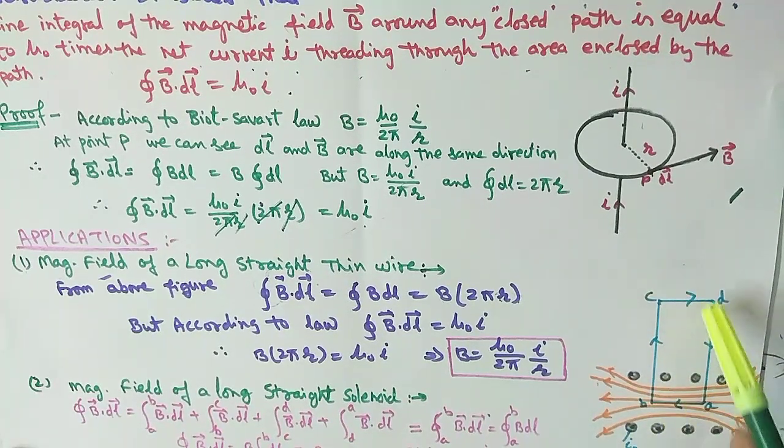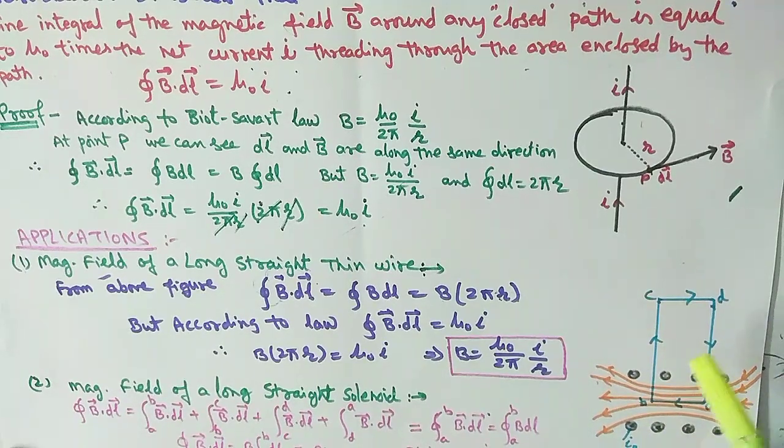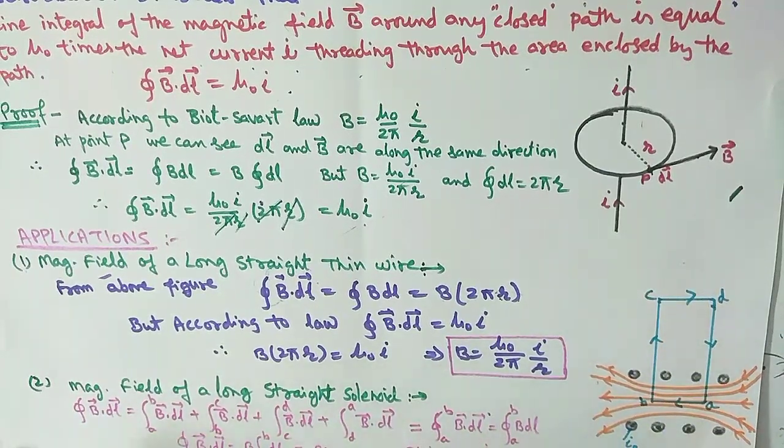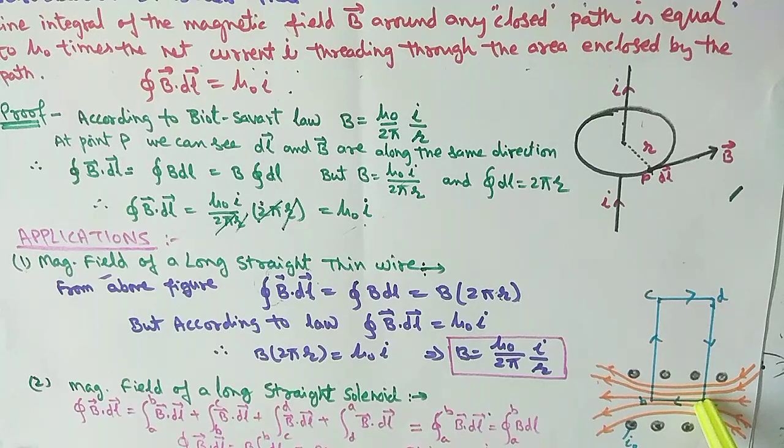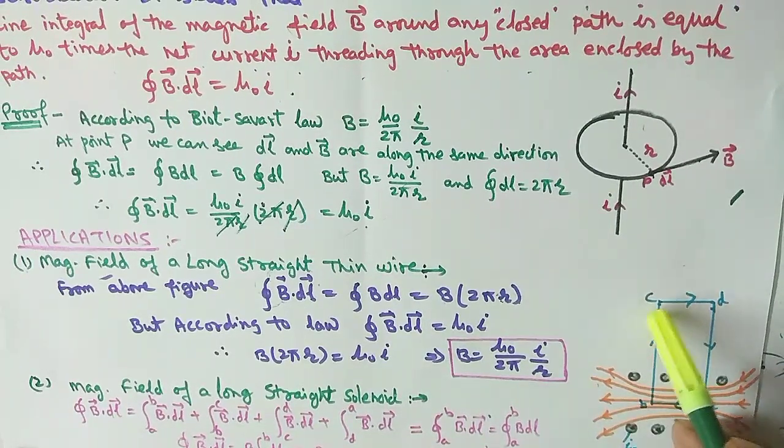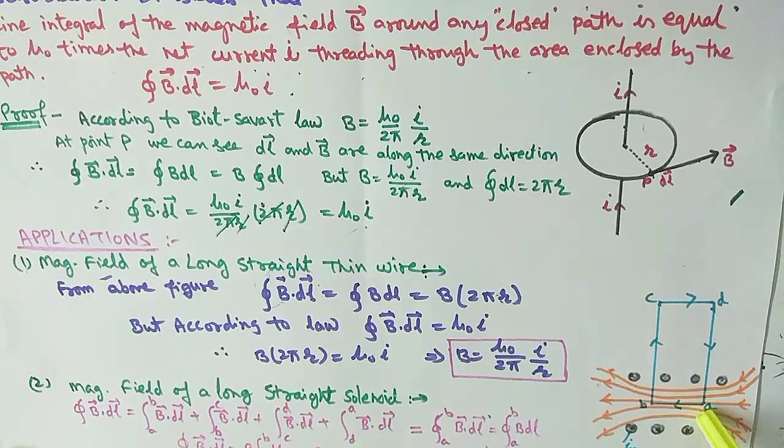Now the total magnetic field can be found in this way. The line integral of B dL we can resolve into the contributions from the AB portion, BC portion, CD portion and DA portion.